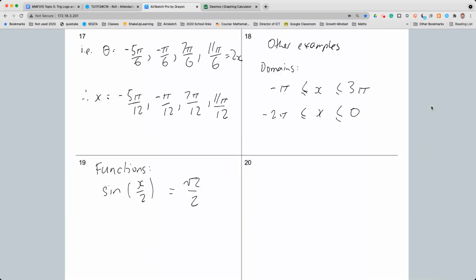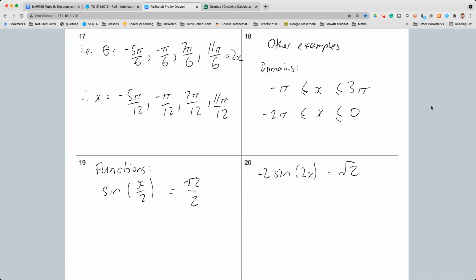Same idea though. Just let theta equal x on 2 and then change the domain. Or like I was saying to you before, I could even have something like negative sine of 2x equals root 2, and then you have to try and manipulate it first.